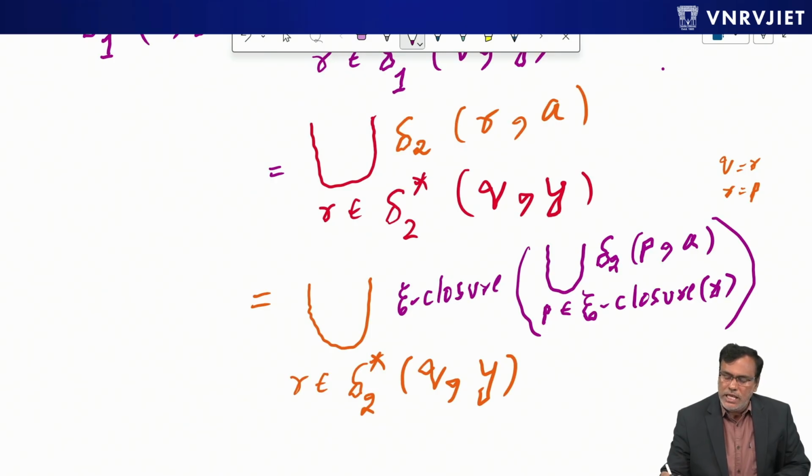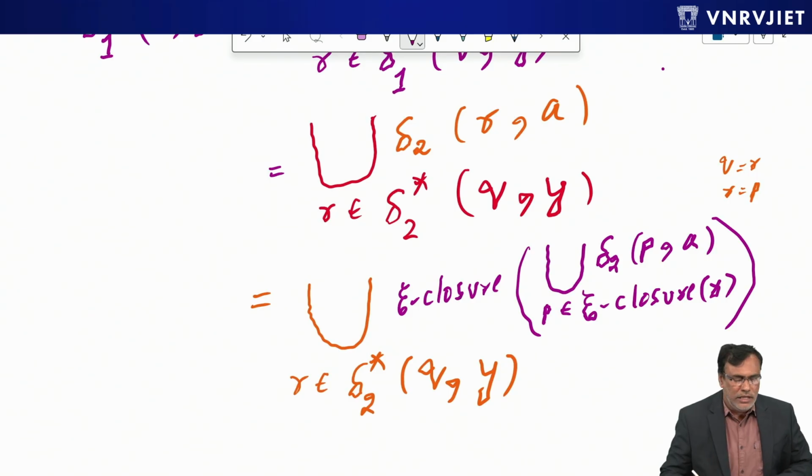Suppose, for example, you have states 1 and 2. Epsilon closure of 1 you can find, epsilon closure of 2 you can find separately. If you take the union of epsilon closure of 1 and epsilon closure of 2, you are going to get something which is the same as directly finding epsilon closure of 1 union 2. I think you got my point. It is going to be the same.